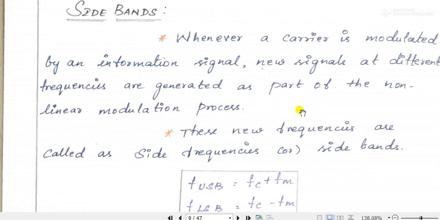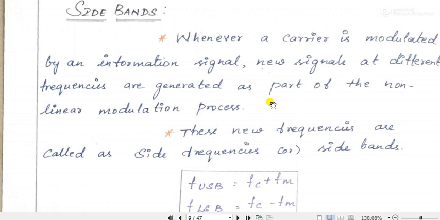Sidebands. The carrier frequency is some number of kilohertz, and the message signal has a different frequency. Whenever a carrier is modulated by an information signal, new signals at different frequencies are generated as a part of the non-linear modulation process.